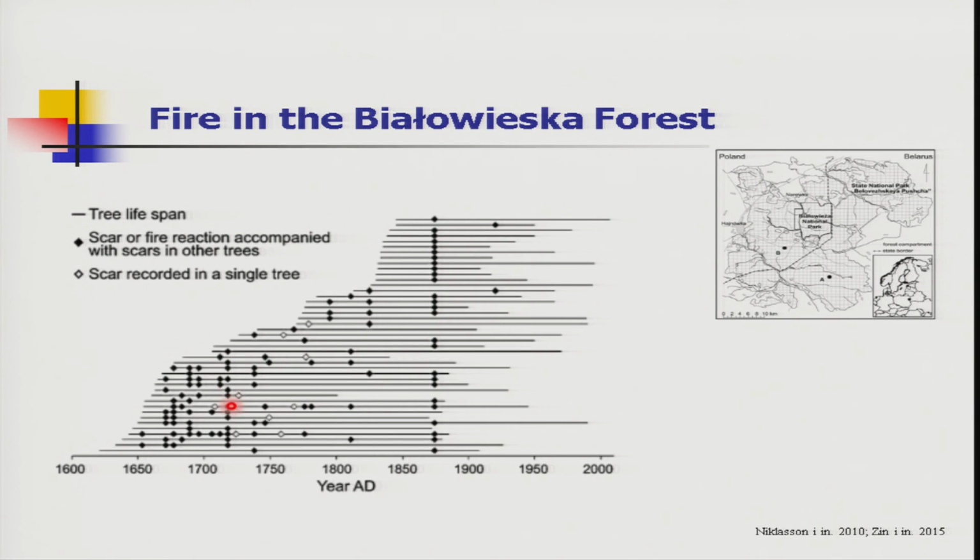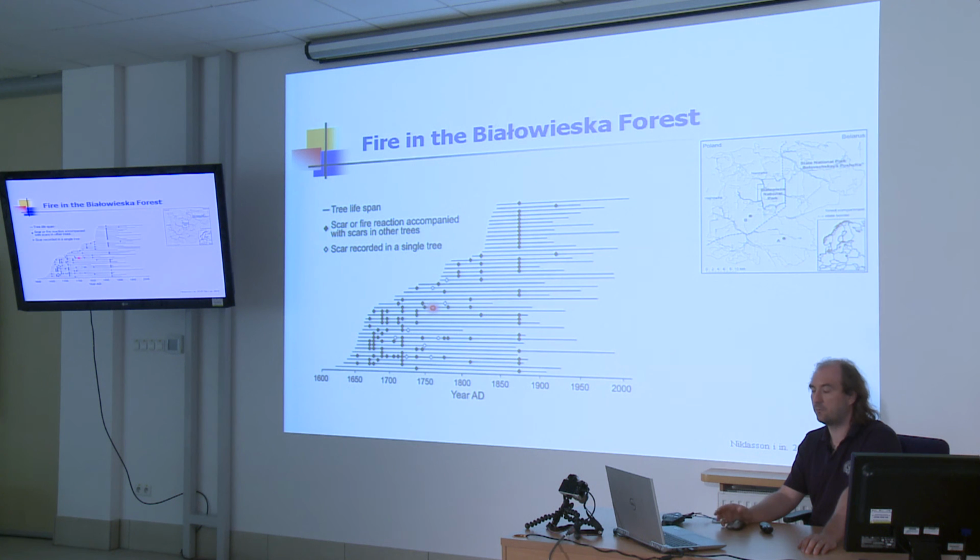The black horizontal lines are individual trees, and as you can see, some trees have 1, maybe 2 scars, the others have much more. And in general, in the past times, these scars were more abundant, so more fires appeared in Białowieża forest.